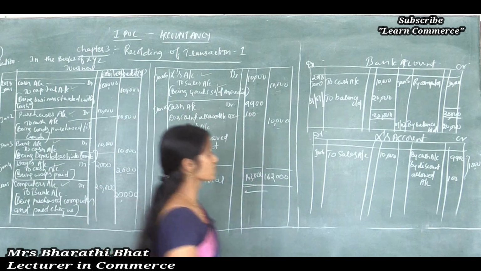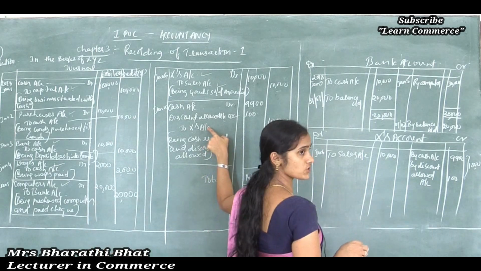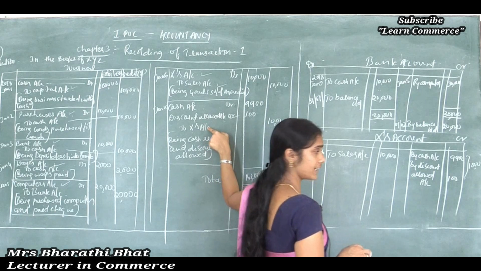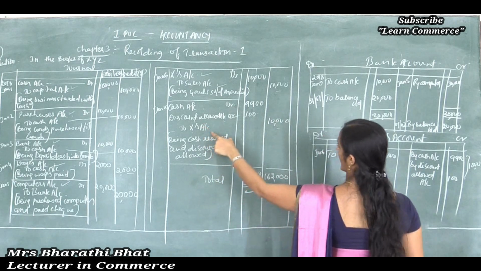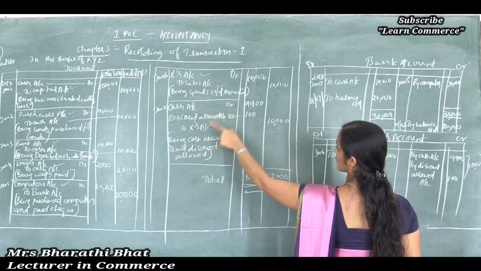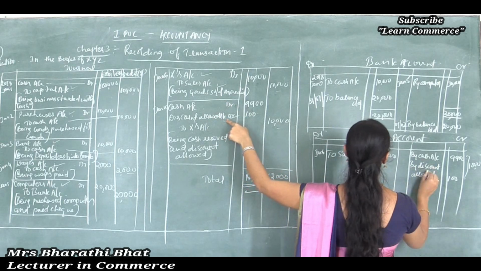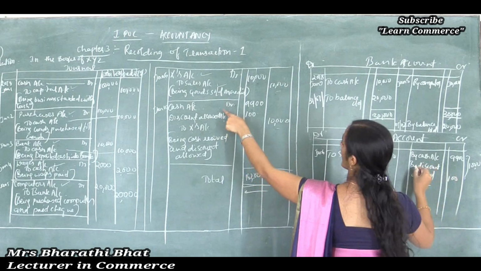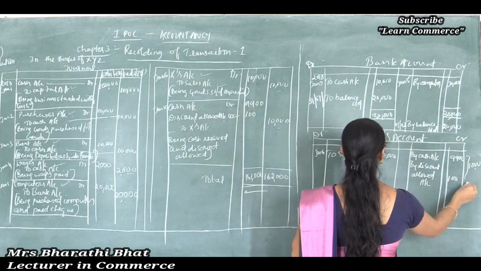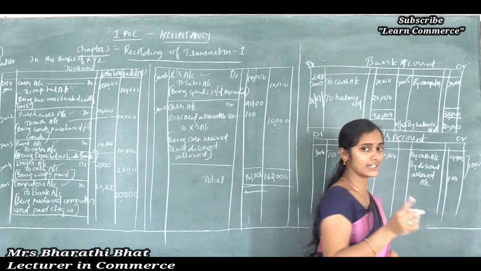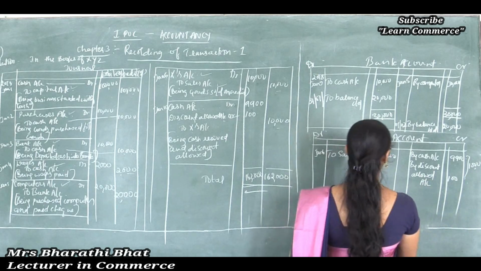Getting my point? So how can we record the compound journal entry? How can we post the compound journal entries to the individual account? If X is affected with two different accounts, then we need to record these two also. So by discount allowed account 100 rupees, by cash account 9,900 rupees. Adding these two, we will get 10,000 amount.